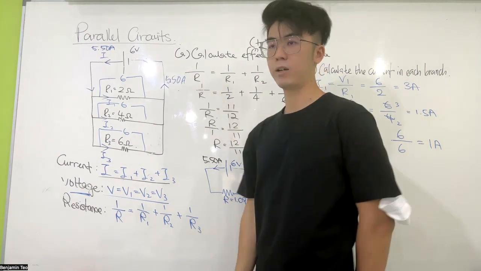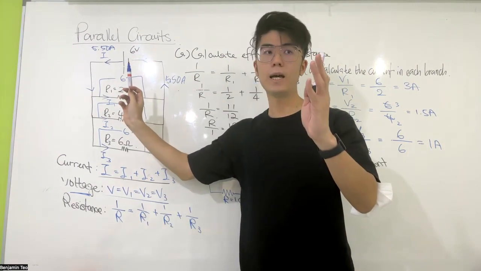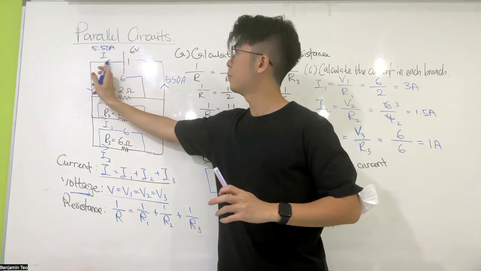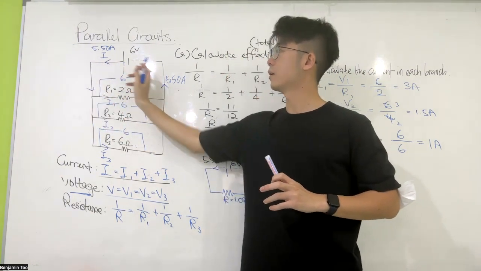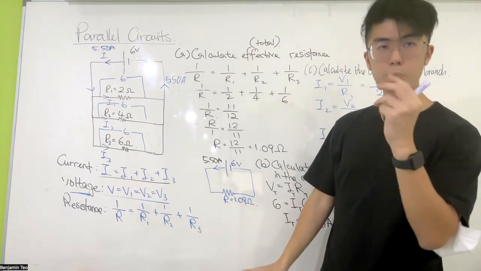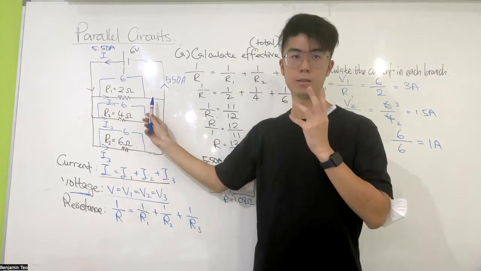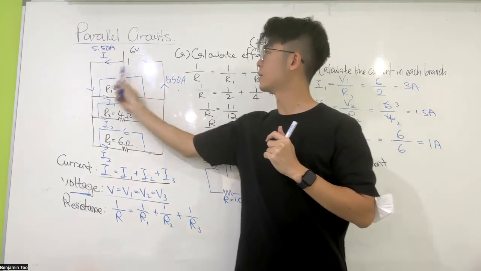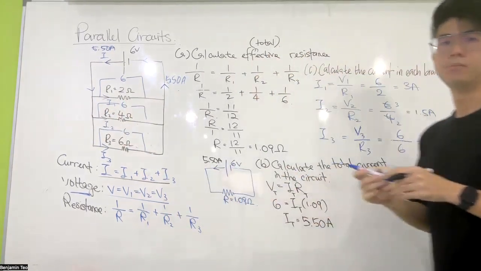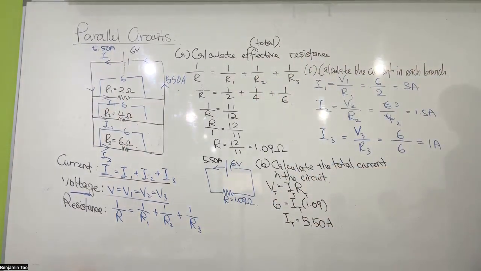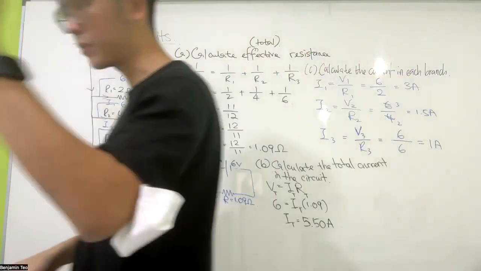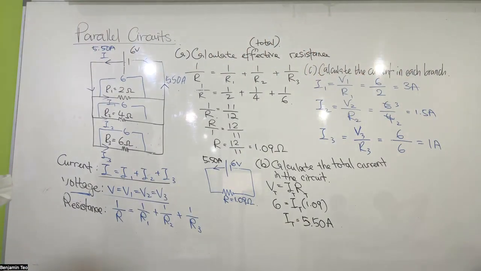Over here 5.5. So if you put your ammeter on this side, and this side, you are measuring the total current. If you put your ammeter in the branches, then you are measuring the current in that branch.